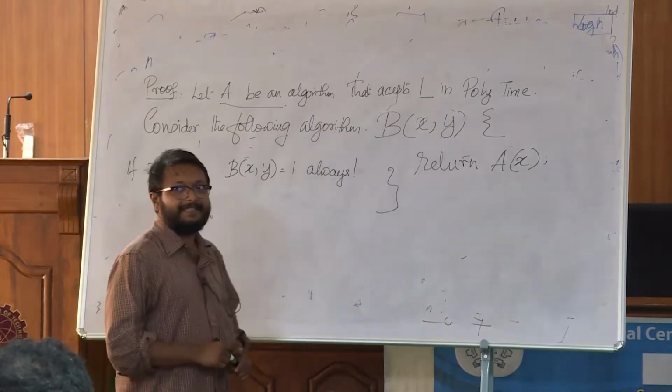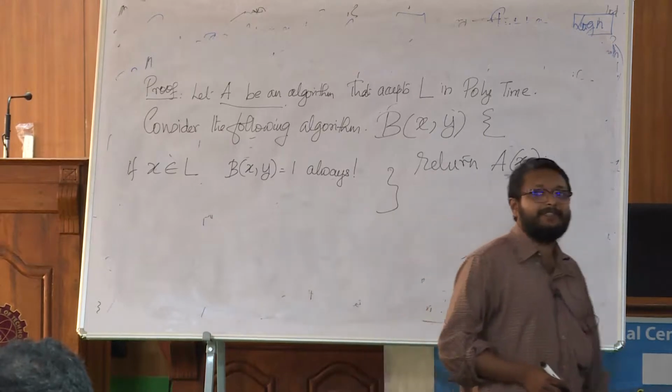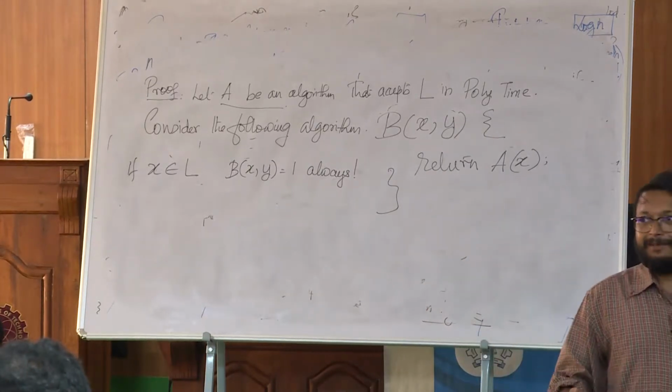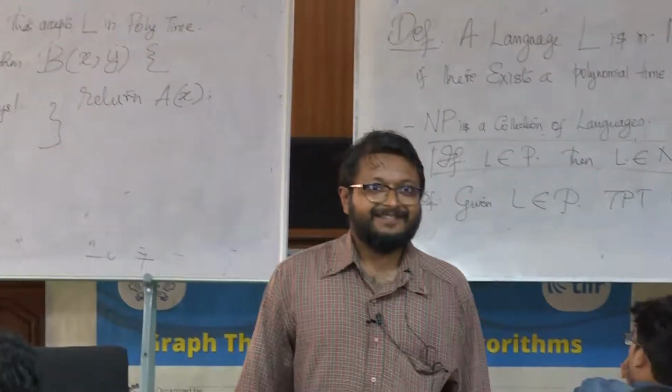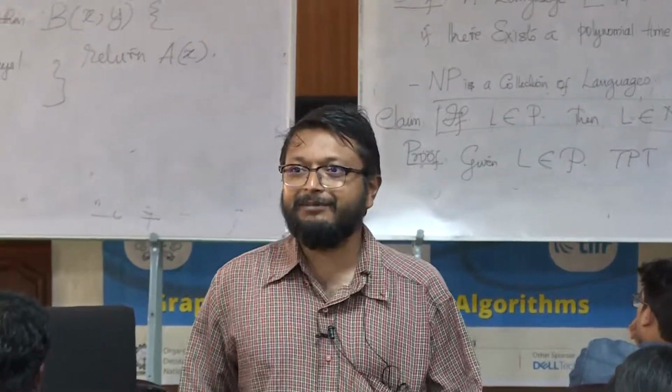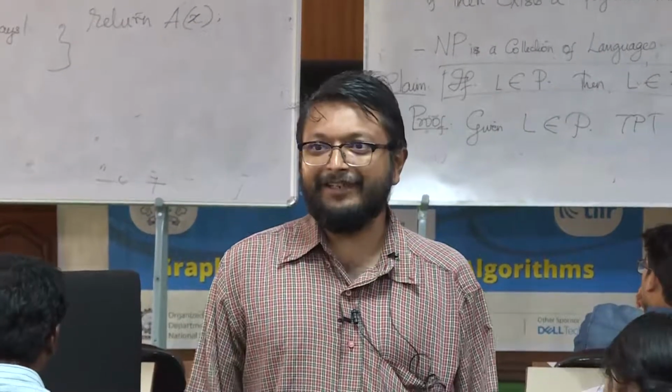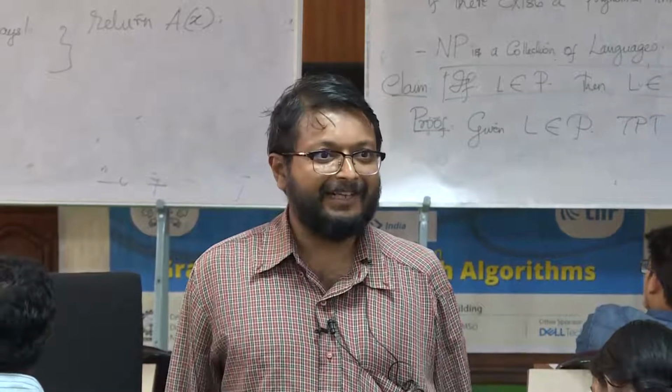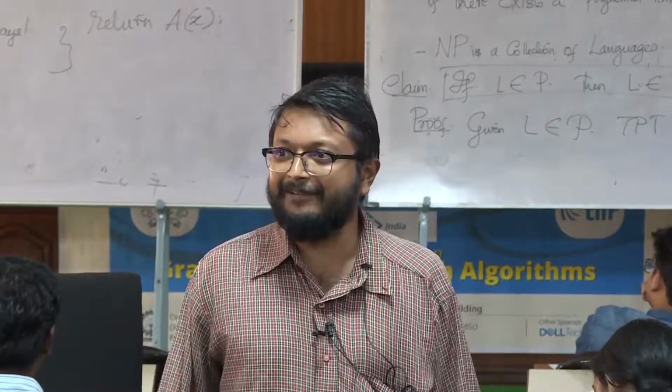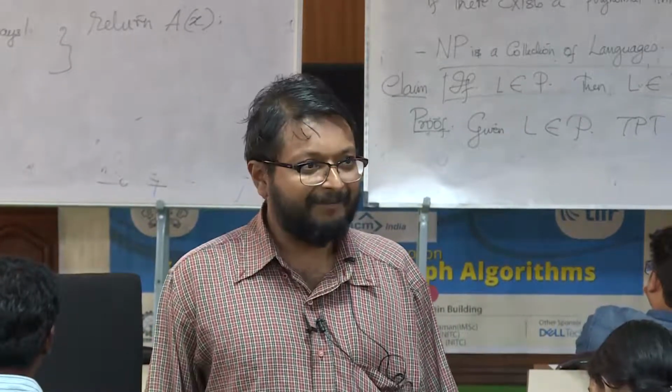This guy doesn't even check the password because it knows how to verify the user directly without looking at the password. So if you know the user, you don't have to look at the password, right? If you can solve the user in polynomial time, you can identify the user in polynomial time, the password you can ignore. That's what is happening.